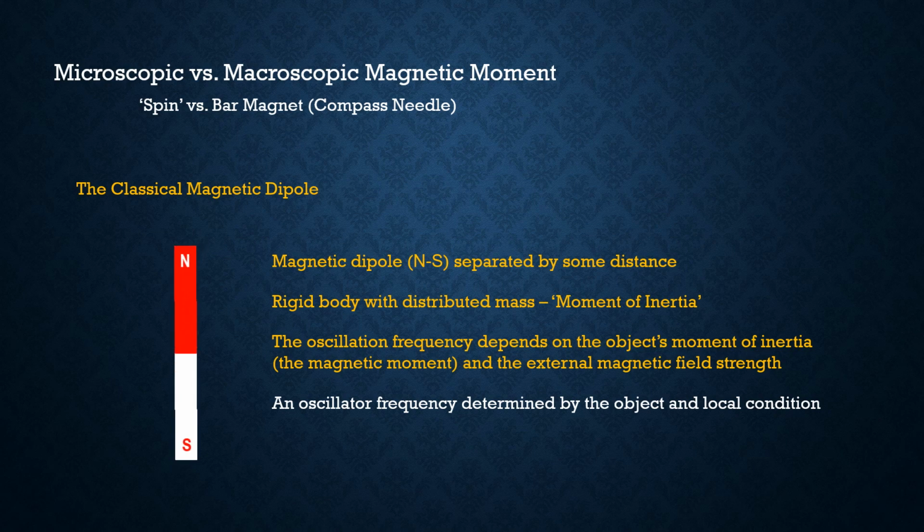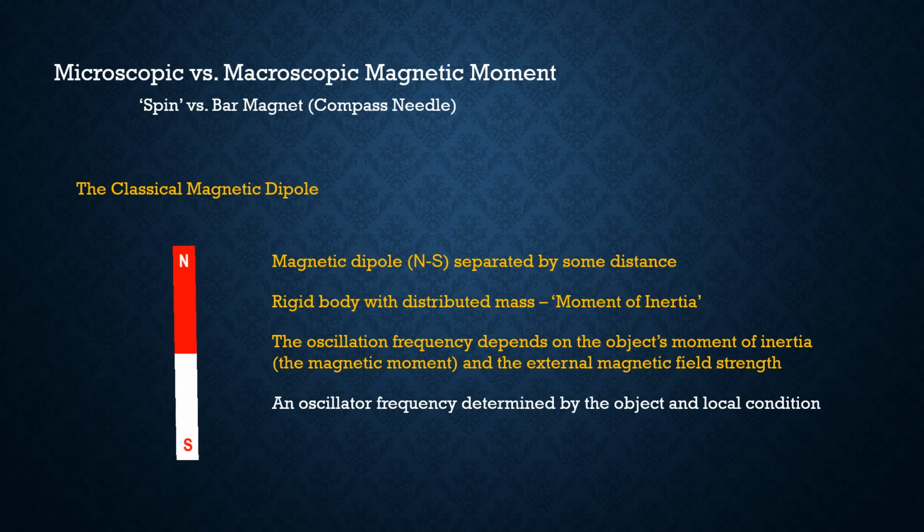So it behaves like a pendulum. And the pendulum motion has a characteristic frequency like any pendulum or an oscillator. And the frequency is related to the strength of the magnetic field and the moment of inertia in this particular case, or the magnetic moment if you want to multiply the magnetic dipole strength by the moment of inertia for the relationship. So again, it's like a classical oscillator.